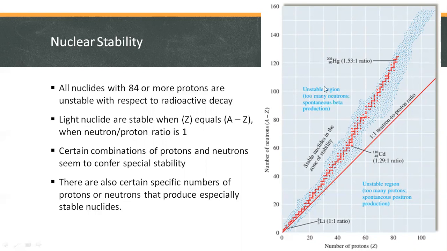The figure at the right side shows a plot of the position of the stable nuclei as a function of the number of protons, Z, and the number of neutrons, A minus Z. The stable nuclides are said to reside at a zone of stability.